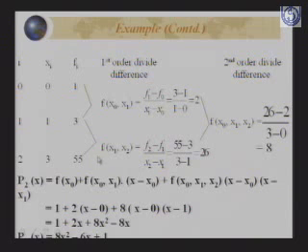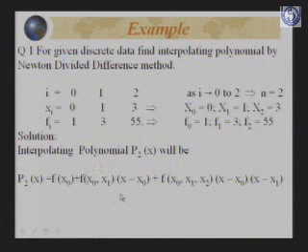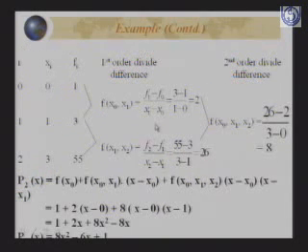It might be a problem how you will find f[x0, x1] and f[x0, x1, x2]. So you can use the concept of the divided difference table, where we apply the forward difference: f1 minus f0 upon x1 minus x0, which is 2. Similarly f2 minus f1, that is 55 minus 3 upon 3 minus 1, will be 26.